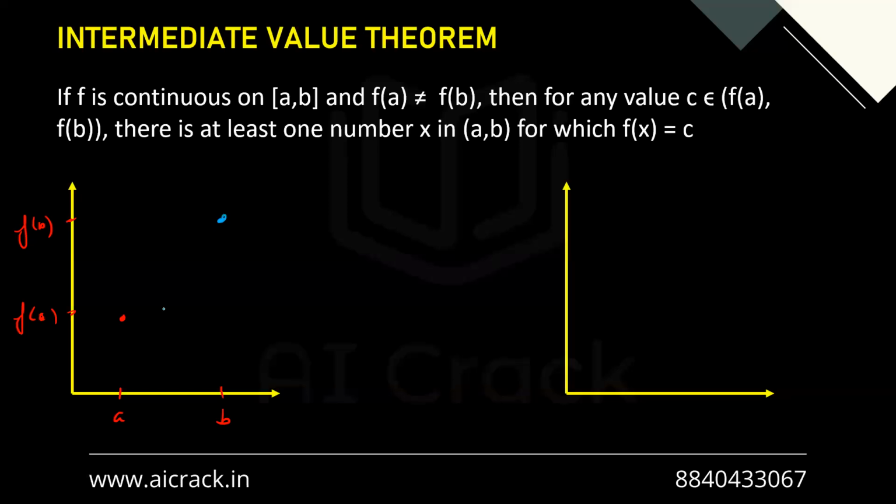Now again taking a point c over here, extrapolating over here, and again we are getting one point between a and b, x1. Now it is clear that if the function is continuous between a and b, and if we are taking a point c between f(a) and f(b), in that case we are going to get a point x1 between a and b for that particular value on the function. So you can try out different kinds of graphs, but with continuous graphs, you'll always get a point between a and b over here.